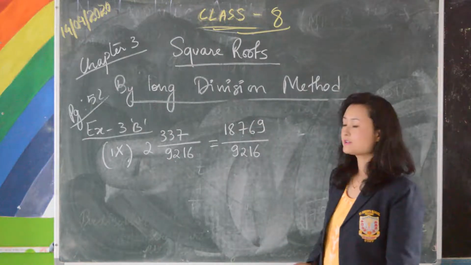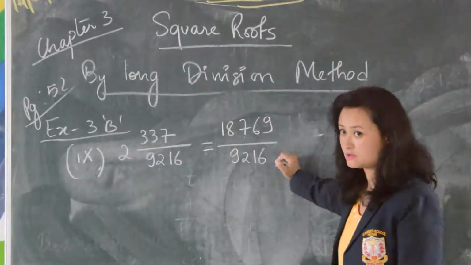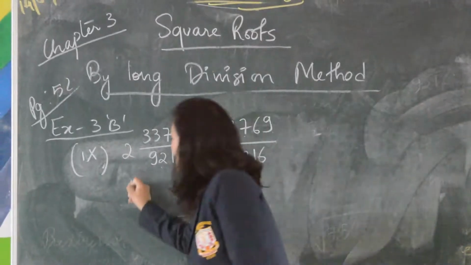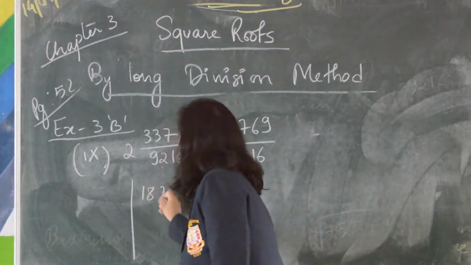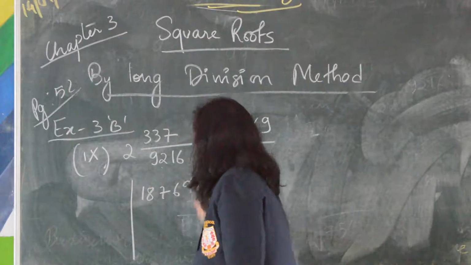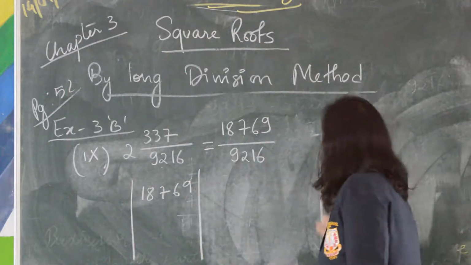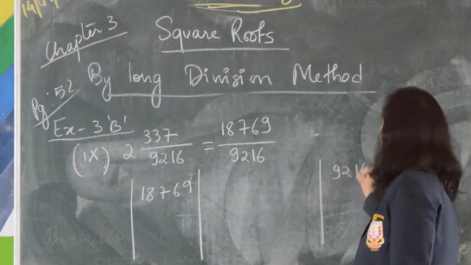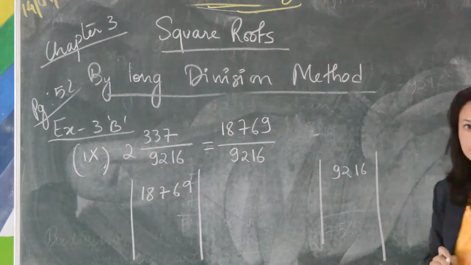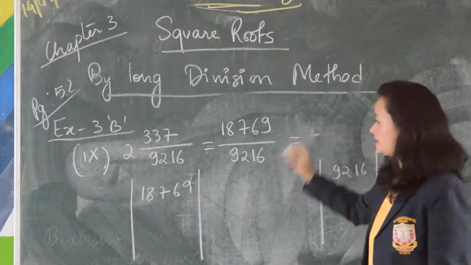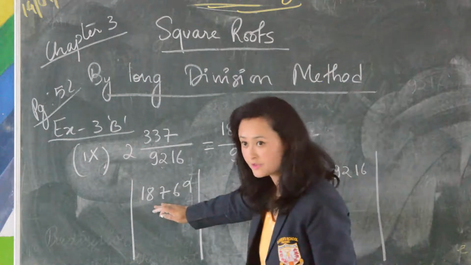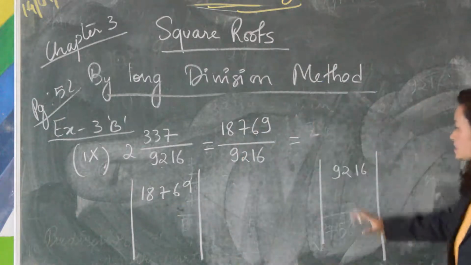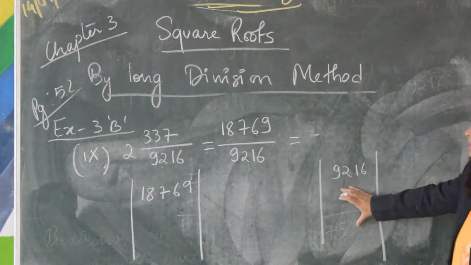Now how do we find the square root of a fraction? What we have to do is find the square root of the numerator separately and the square root of the denominator separately. And whatever answer you get after finding the square root of the first number and the square root of the second number, put it accordingly.